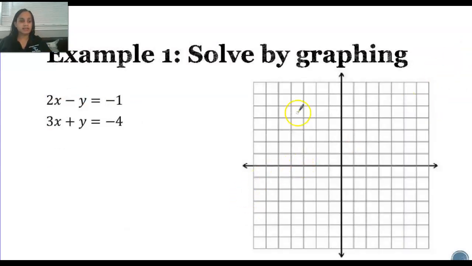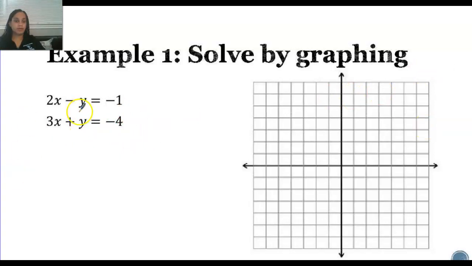So let's go ahead and solve this first example by graphing. What we need to do is first get these two equations in slope-intercept form. I'm going to do that by simply rearranging.